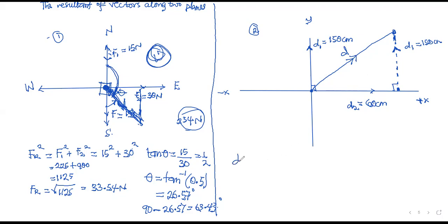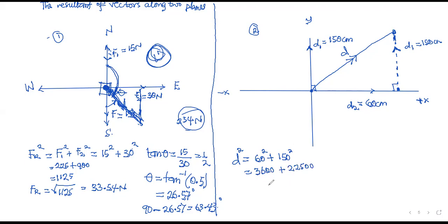So D squared, the square of the resultant, by Pythagoras theorem, is equal to 60 squared plus 150 squared. This is 3600 plus 22500.